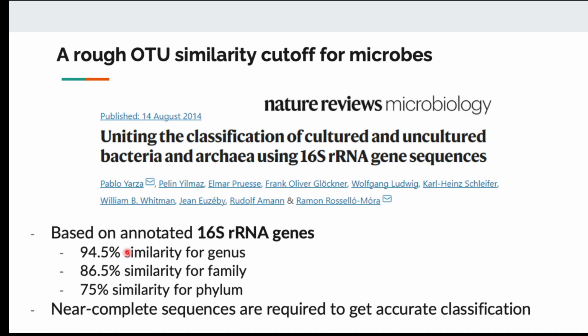If you see two ribosomal RNAs that are about 95% similar, then you can probably call these genomes from the same genus. And further, then you can call that they are from the same family, from the same phylum. But these are all empirical. So people studied known ribosomal RNA sequences and tried to come up with this cutoff.